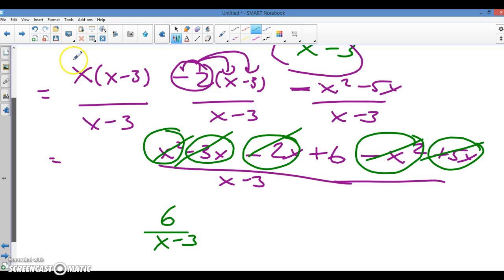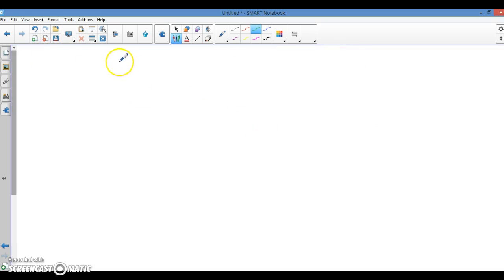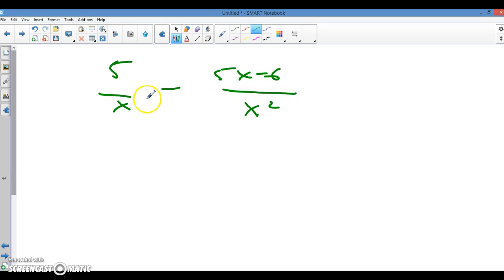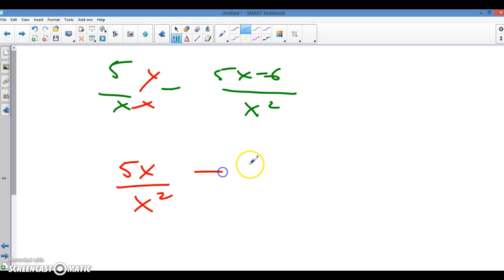Okay. I'll show you the right side a little bit, what you would do on the right side. You have 5 over x minus 5x minus 6 all over x squared. Common denominator is x squared. So I'll just do this in color, x and x. So now I have 5x over x squared minus 5x minus 6 over x squared. Now be careful again.